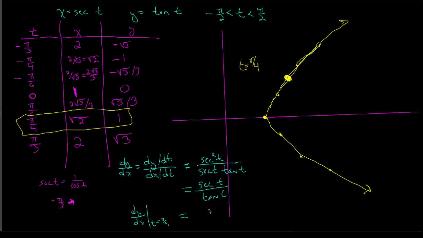So the secant of pi over 4 is root 2, and the secant of pi over 4 over tangent of pi over 4. And pi over 4 is that beautiful place where the tangent equals 1. So this is root 2. So we have a slope of root 2.